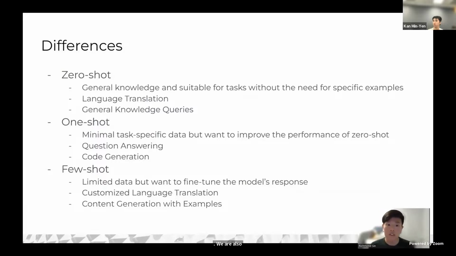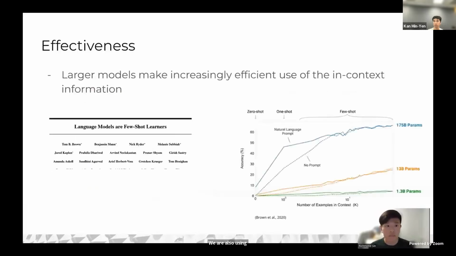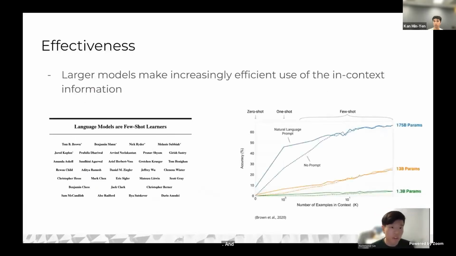So this is just a very rough picture of the differences between the three of them, and the list of applications is not exhaustive. Based on a research paper that we shared over the weekend on language models, the report has shown that for 0-shot, 1-shot, and 3-shot, the effectiveness of increasing accuracy varies according to how large the language model is.